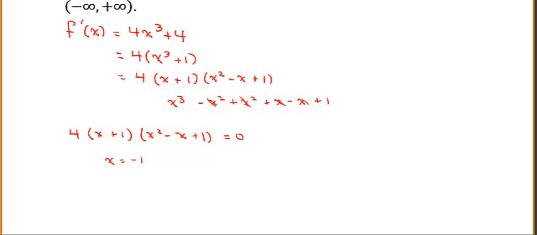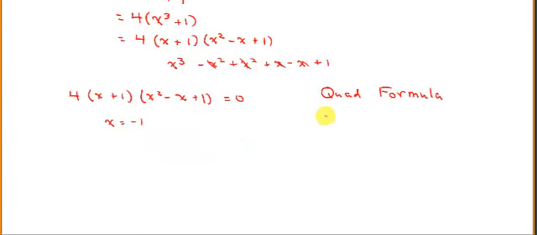To find out where that's 0, I'm going to use the quadratic formula. x would be equal to the opposite of b, that'll be 1, plus or minus the square root of b squared, which is negative 1 squared, that's 1, minus 4 times 1 is minus 4, all over 2 times a, which is 2, and we can see right away that we have a negative number under the radical. The discriminant is negative, so there are no real solutions.